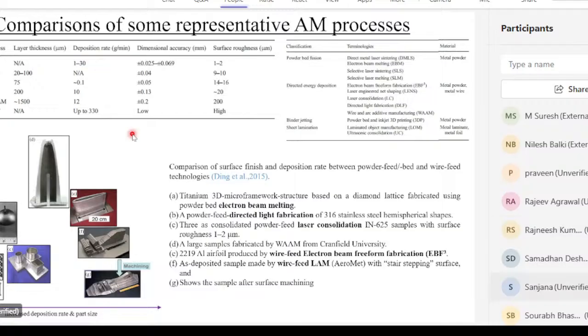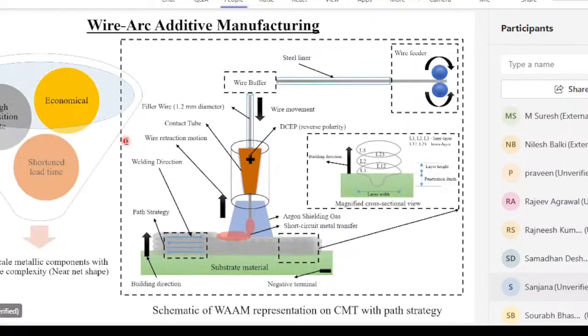So the basic advantage of WAM is we can fabricate a 3D component. We can fabricate a multi-wall or single wall component by having a high deposition rate, shortened lead time, and it is very economical also.